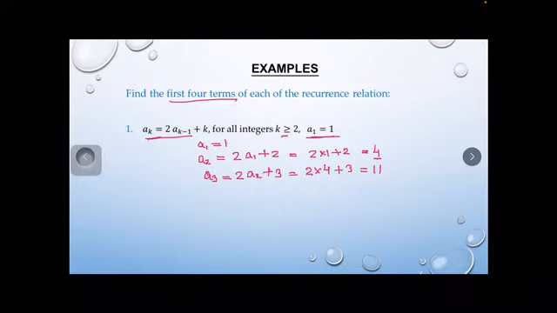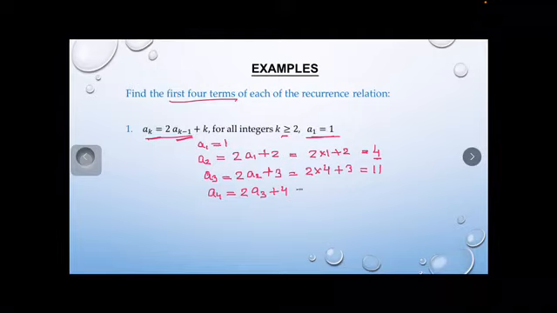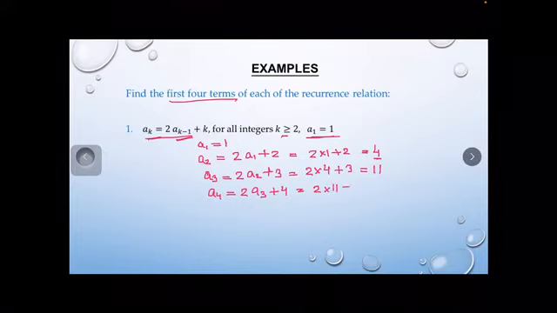Now we have to calculate the fourth term, a_4. When you put k equal to 4, you will get 2a_{4-1}, that is 2a_3 plus 4. Now a_3 is what you have calculated, 11, so 2 times 11 plus 4 will give you 26.